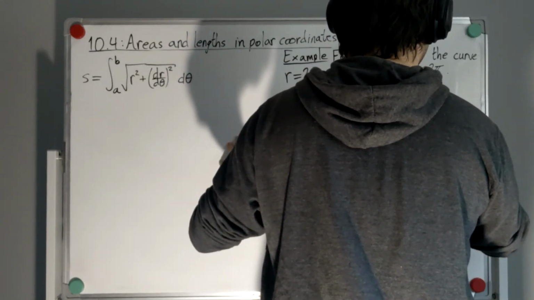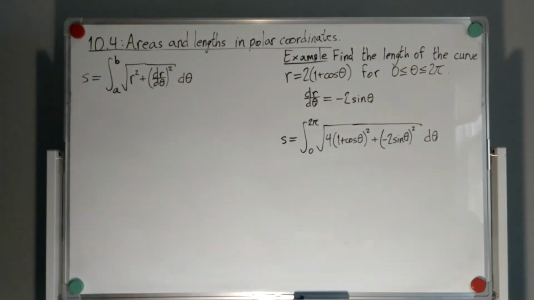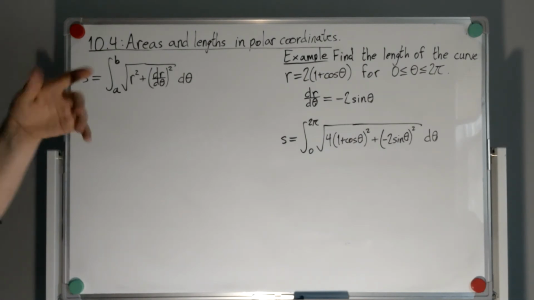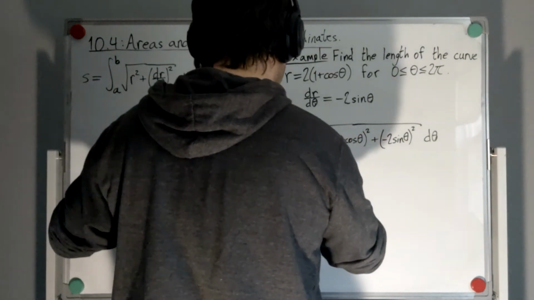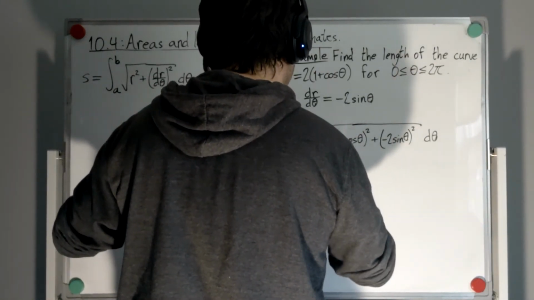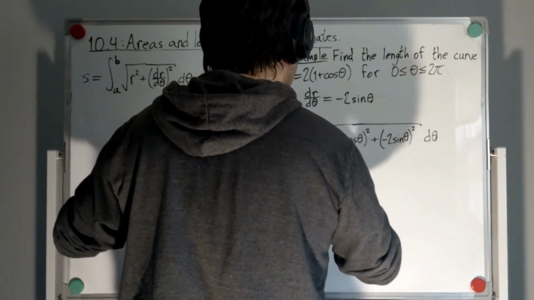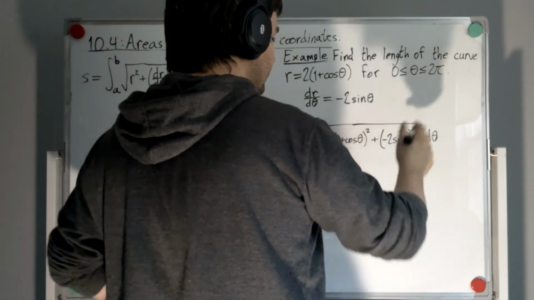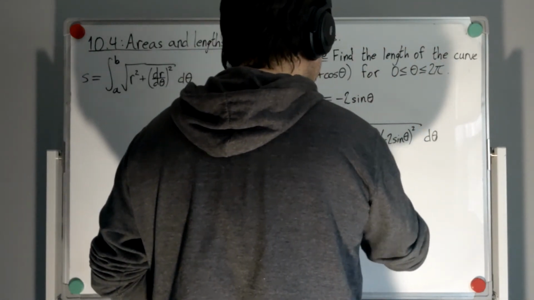And then we take the integral of that. Okay, so then this becomes the integral from 0 to 2 pi of the square root of, okay, we'll just square this and distribute it.